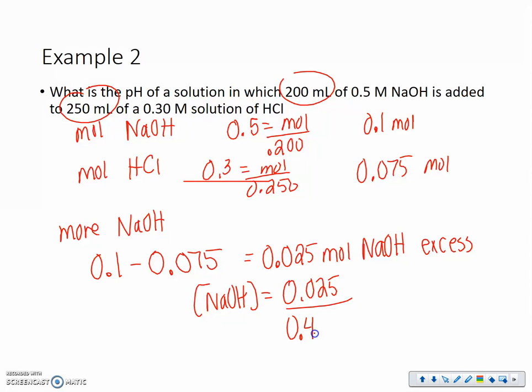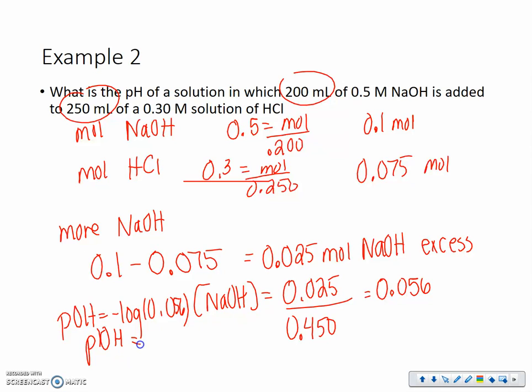Once we've added them, 450 milliliters or 0.450 liters. Since this is our amount of OH, we can find the pOH. And then from there, we can find the pH.